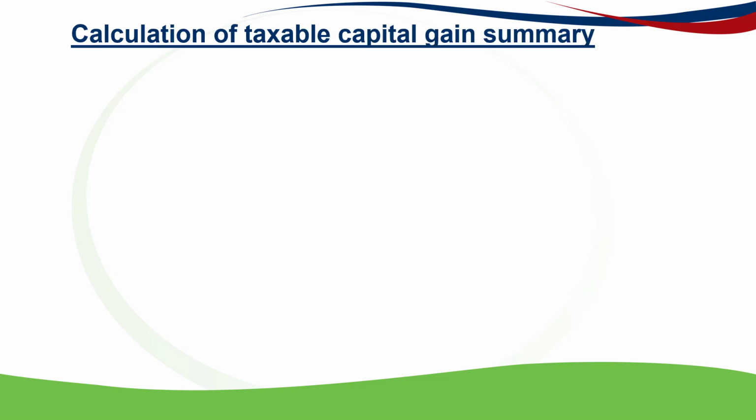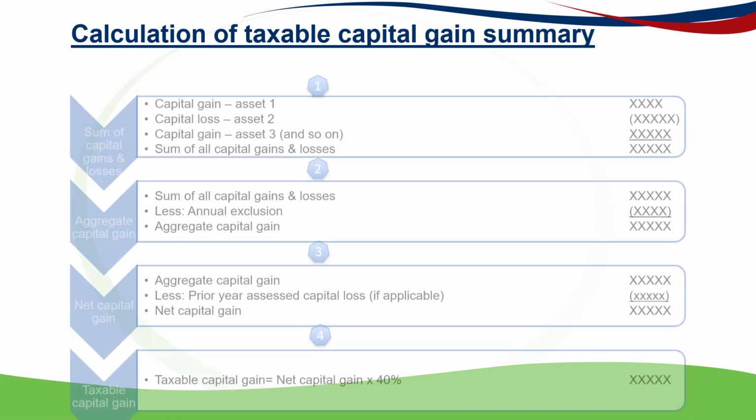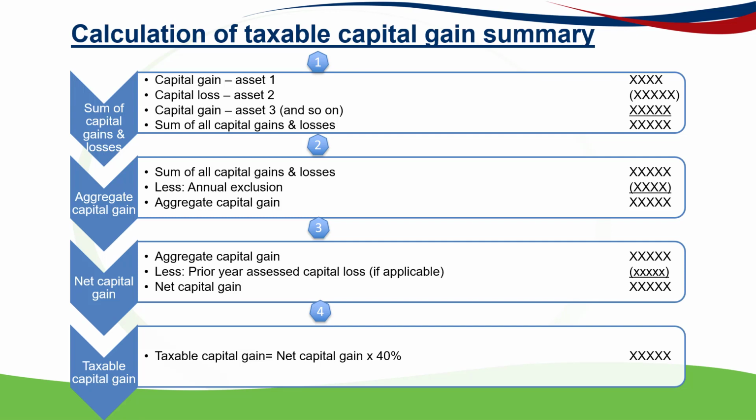In summary, you calculate your taxable capital gain by following these 4 steps. Step 1, determine the sum of the capital gains and losses. Step 2, determine the aggregate capital gain, that is the sum of the gains and losses reduced by the annual exclusion.